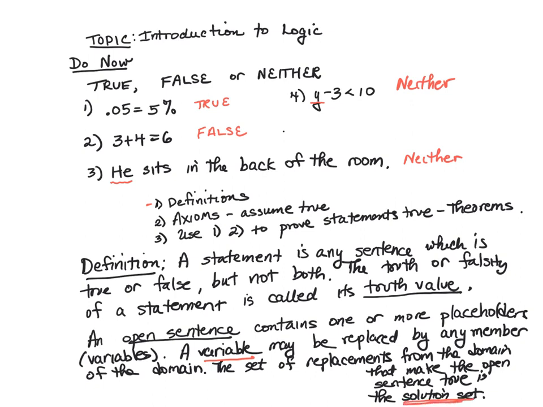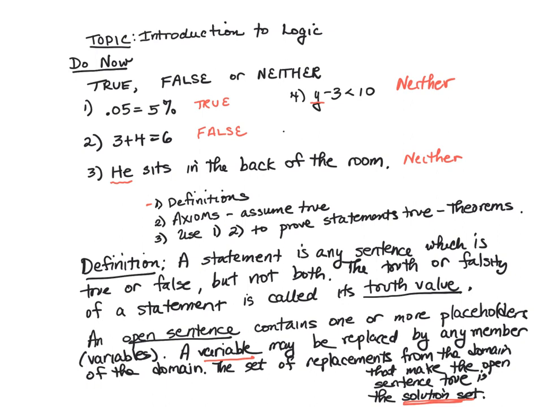So, for example, the variable in 3 is he, and the variable in 4 is y. So if I use the domain, the set of all students in this 8E class, depending on who we pick for he, we could make this open sentence true or false.